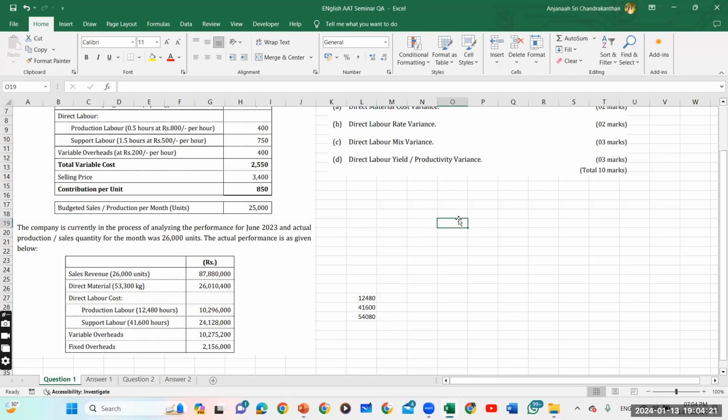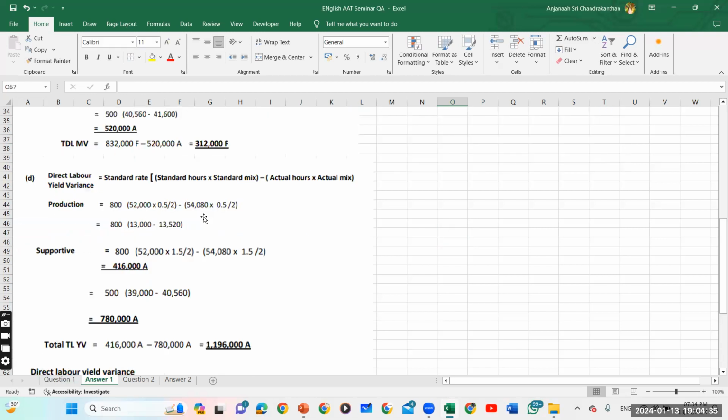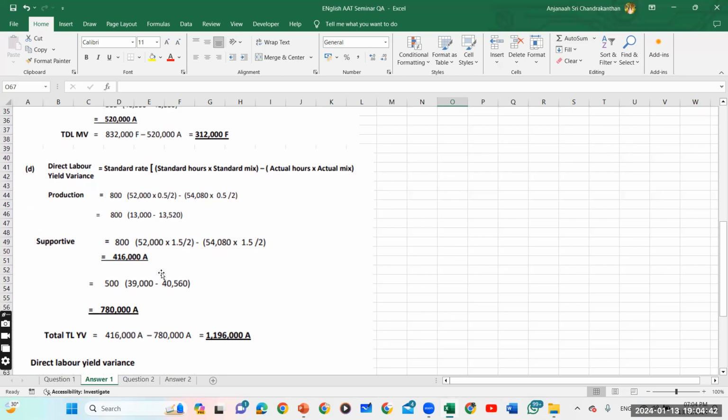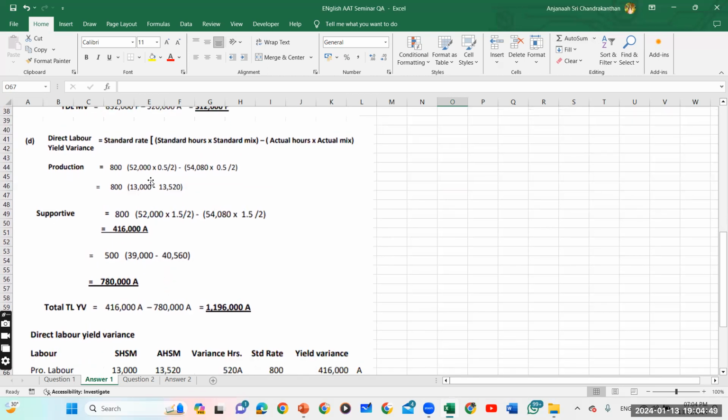Total 2 hours per unit. How many actual units? 26,000. So what is your total labor usage? 52,000. And standard mix and actual production, you know. Same way you get it for supportive and production staff and then take the total.